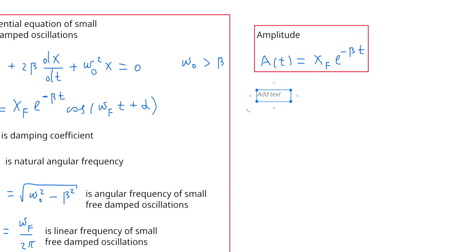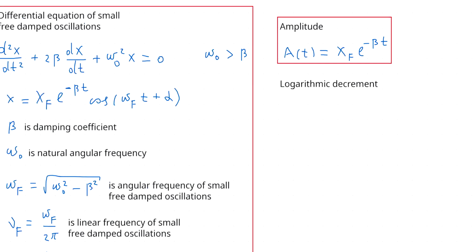Logarithmic decrement, according to the definition, is equal to the natural logarithm of the amplitude at moment in time t divided by the amplitude at moment in time t plus T_f.